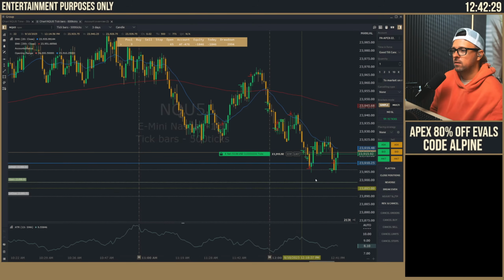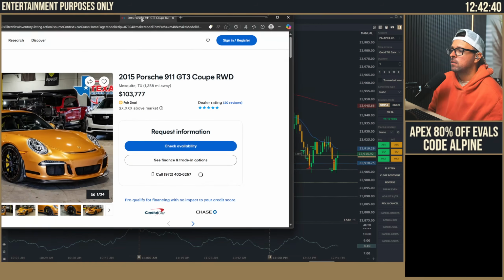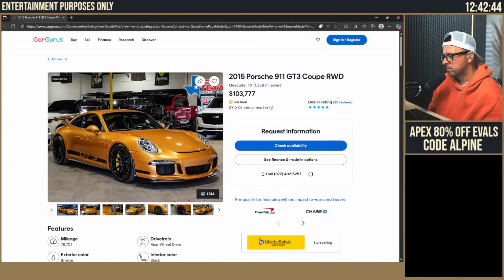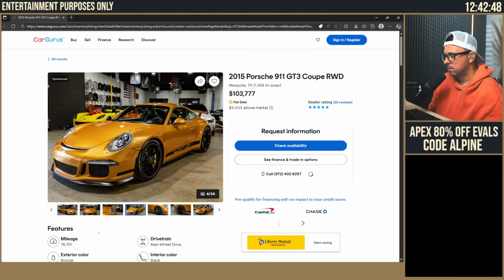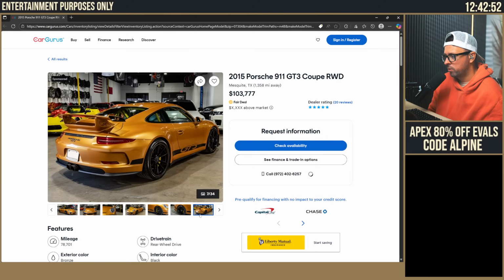I was just looking at this car. I'll show you guys. I feel like I should just go buy it. Look at this. It's $100,000 for a GT3. It's got a shit ton of miles on it, but it's a beautiful color.